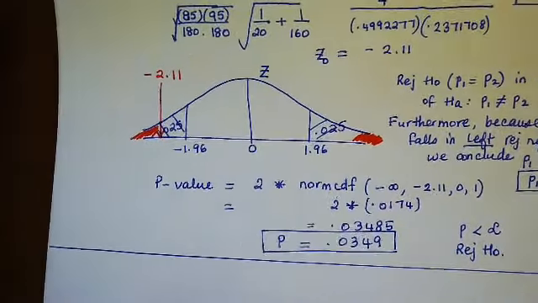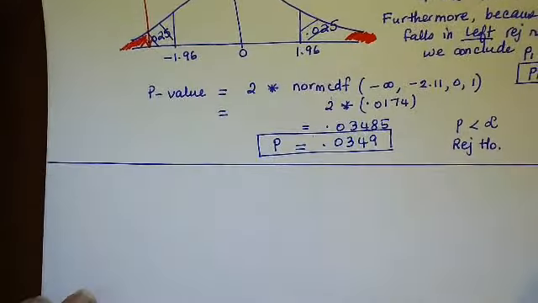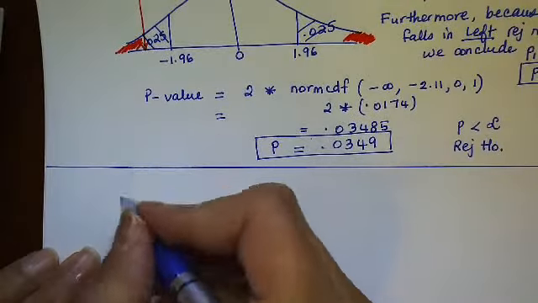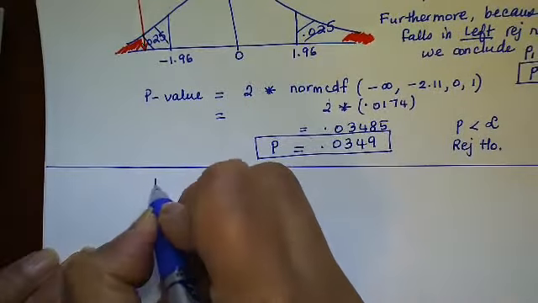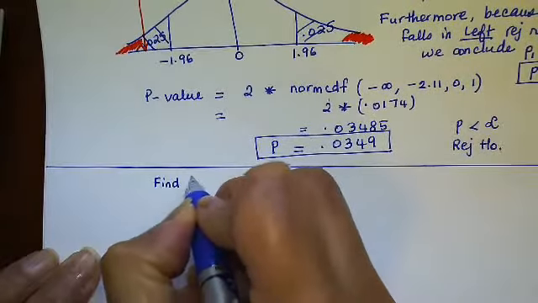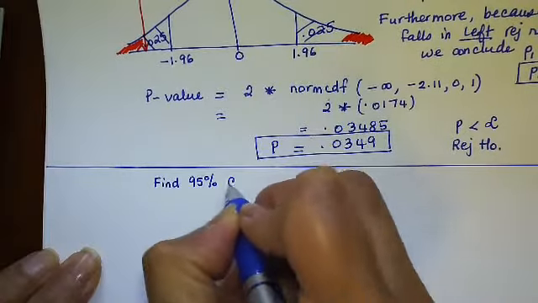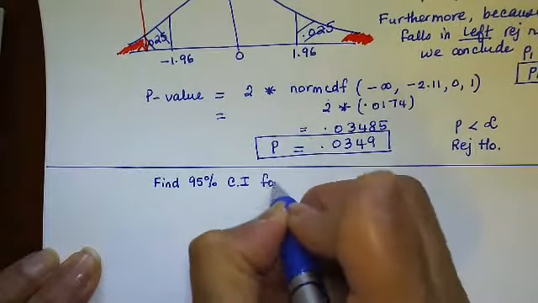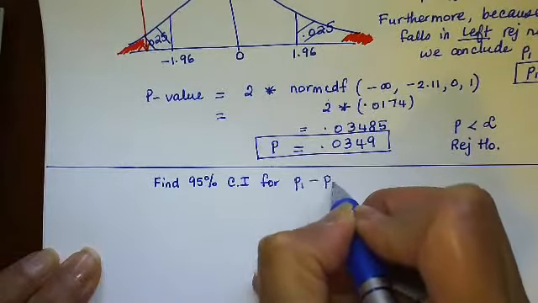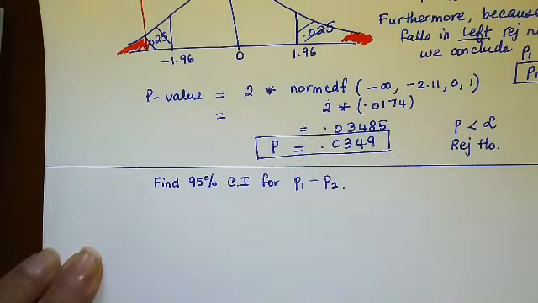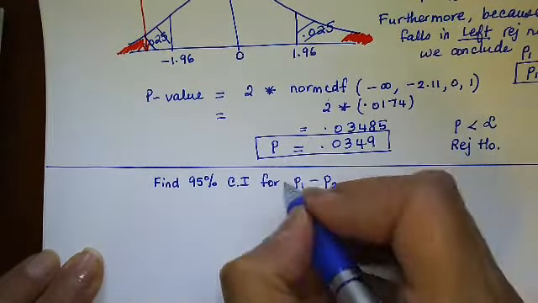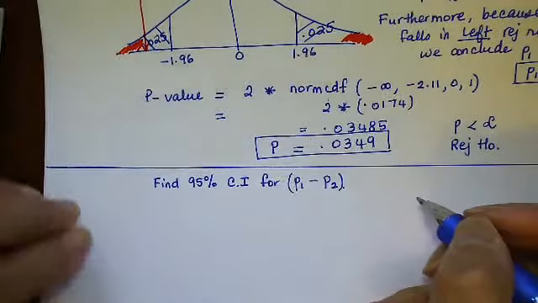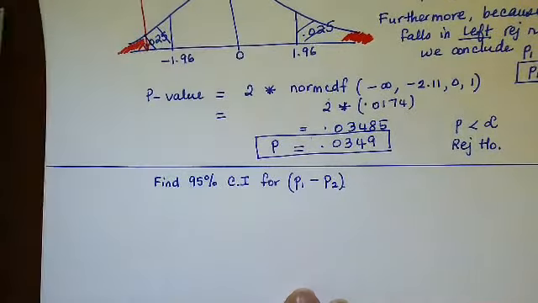Can we find the confidence interval for this? The answer is certainly, because this is a two-sided test. Because alpha is 5%, I will find the 95% CI for P1 minus P2. So find the 95% confidence interval for P1 minus P2.